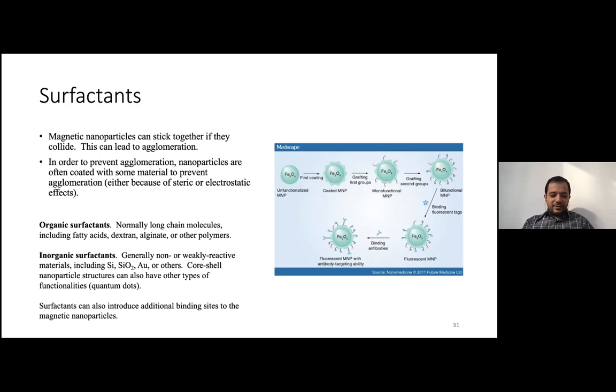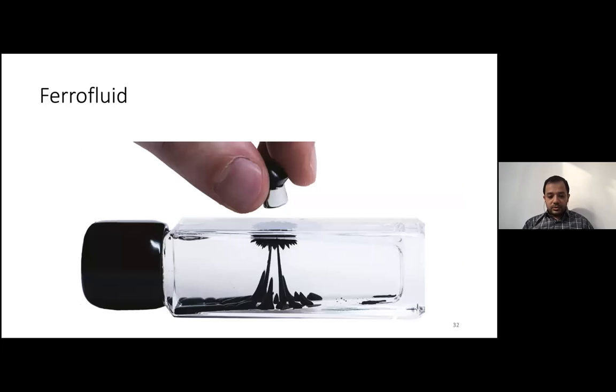So these surfactants could be organic, such as fatty acids and dextran, for instance, or other polymers, or inorganic, such as silica or silicon dioxide, or even gold. Another important application of surfactants is that they can introduce additional binding sites to the magnetic nanoparticles for targeting or other applications.